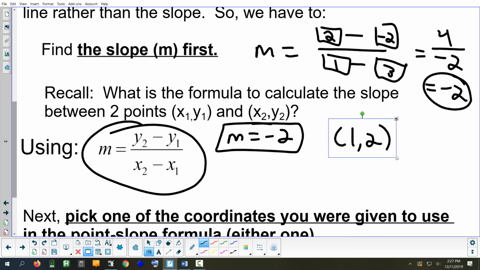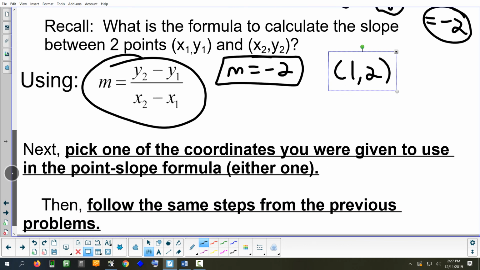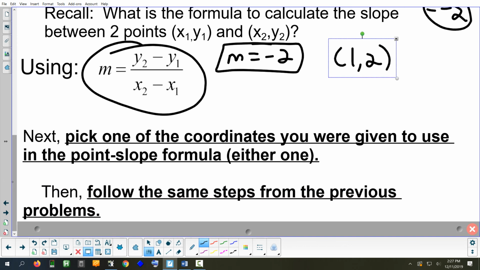Okay, so now fill in these numbers in the row all the way by the letters. Fill in all those numbers into your formula. Okay. What's the first thing in my point slope formula? First thing I write.